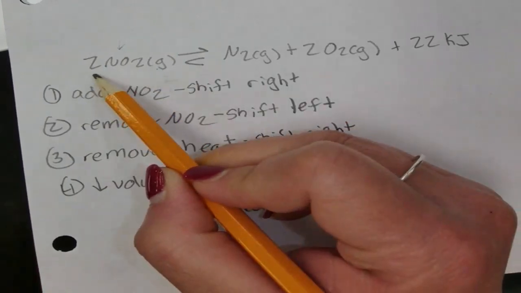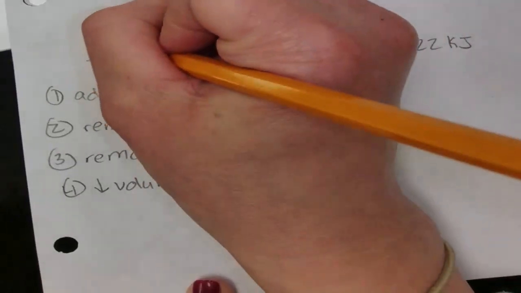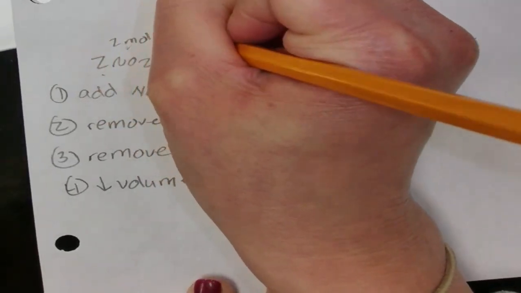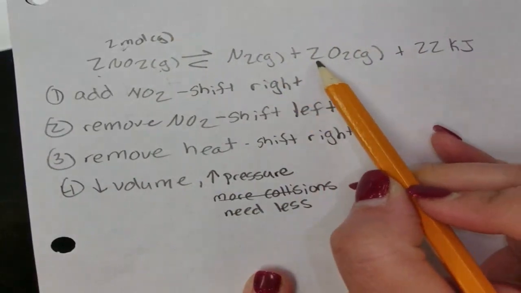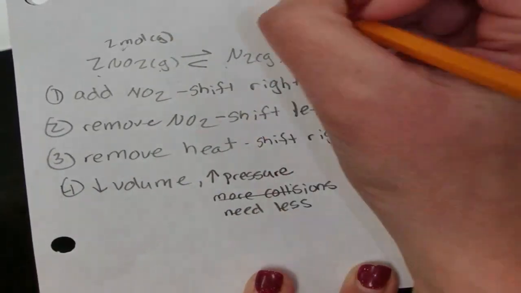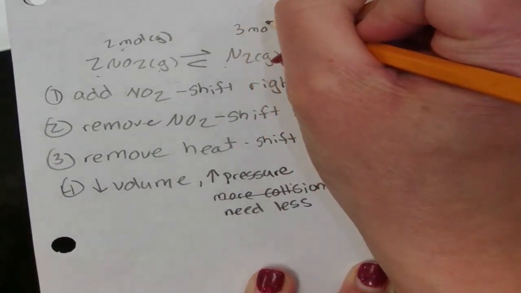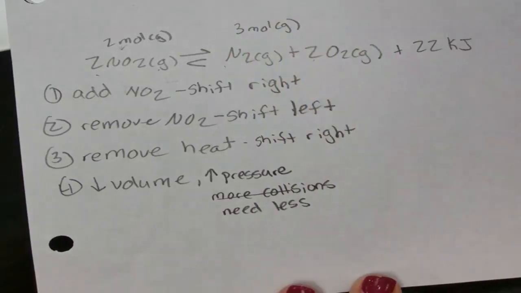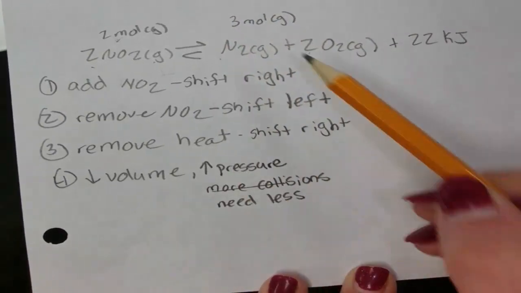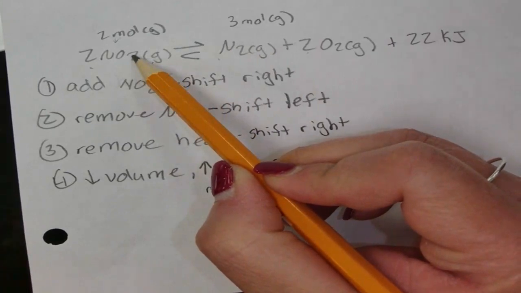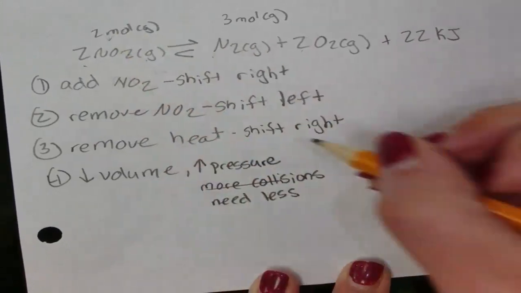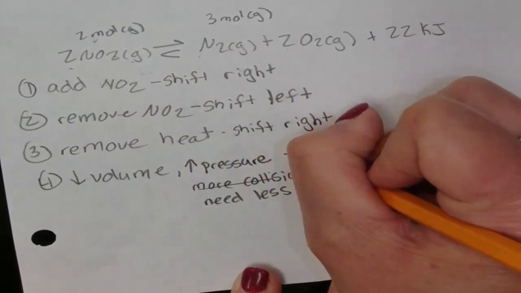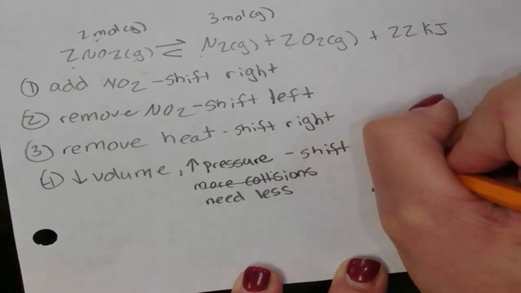I have 2 moles of gas as our reactant. And on the product side, I have 2 plus 1, so 3 moles of gas. So we'll notice here, if I need less, I'm going to shift to the left where I have fewer particles of gas. Shift left.